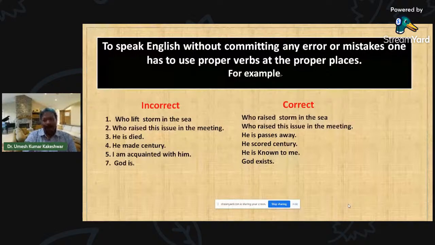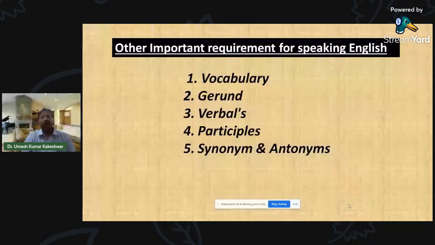In spite of parts of speech, no doubt, parts of speech is part and parcel of the English language to learn or to speak. But the other important elements, other important aspects, which are almost indispensable for speaking English, are the following.